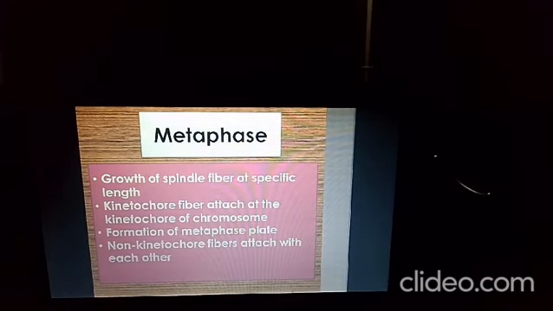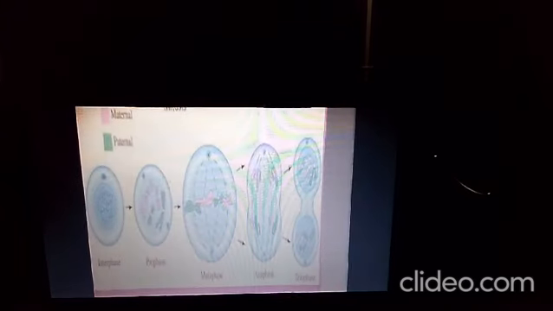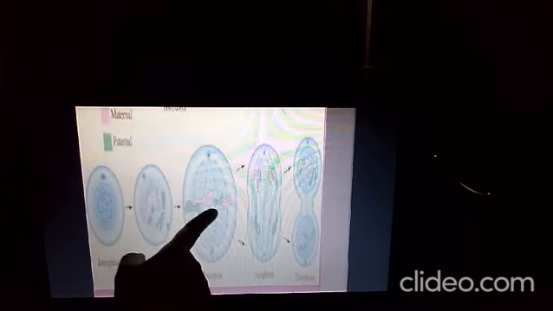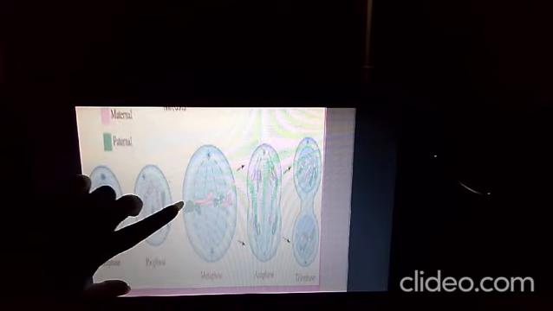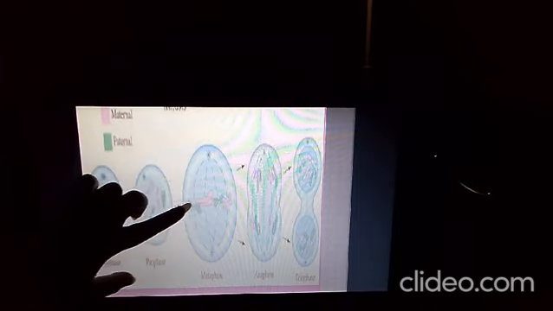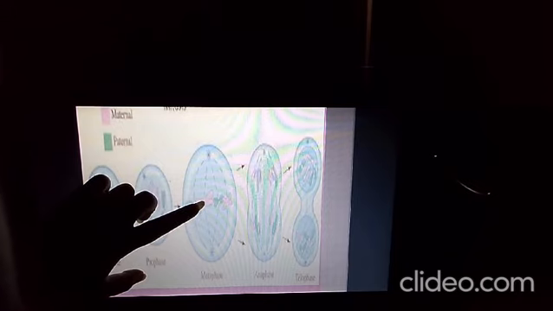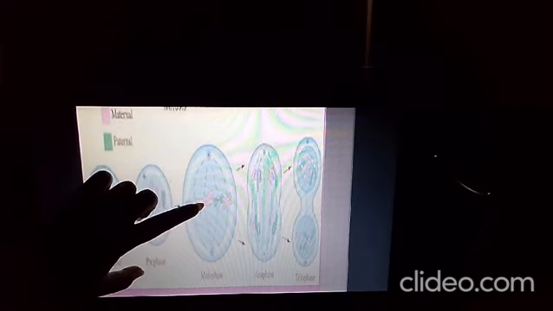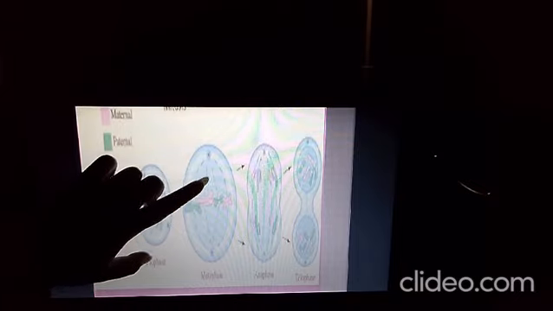Now come towards the diagram. Here is your metaphase phase, and right now these are the chromosomes. The kinetochore, the center part of the chromosome having centromere in which the kinetochore is present, attaches with the kinetochore of these spindle fibers.